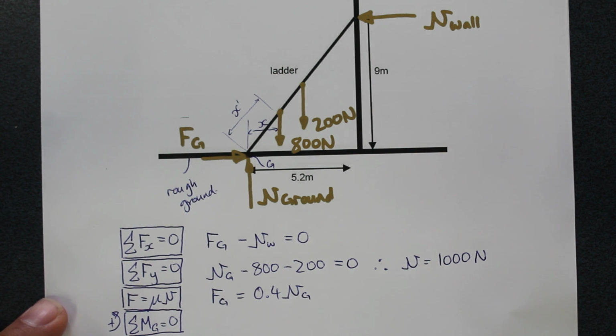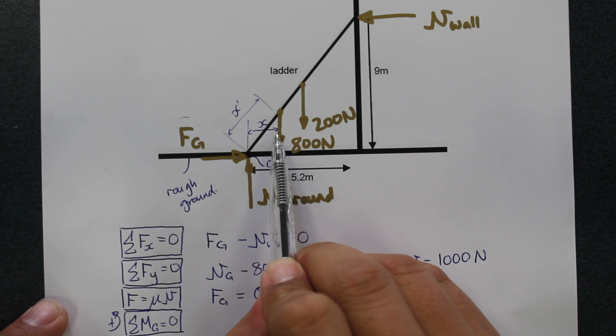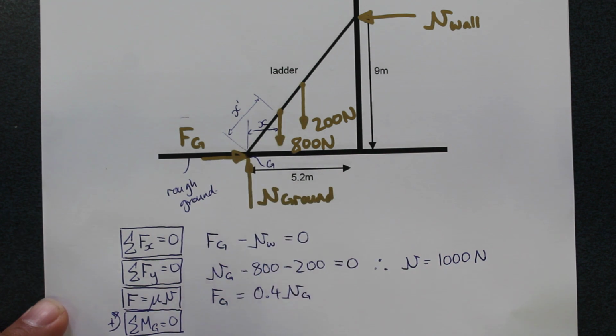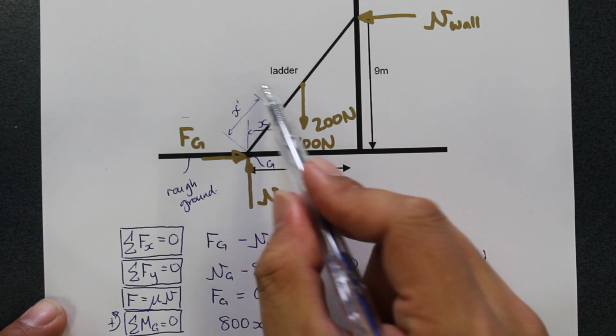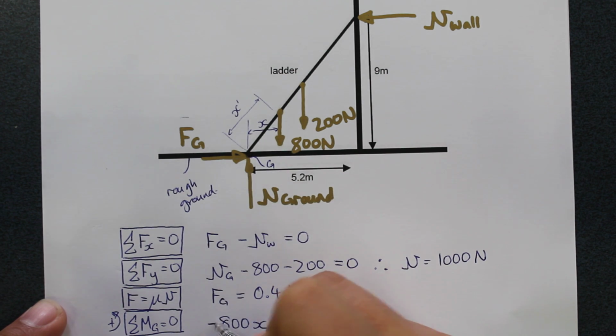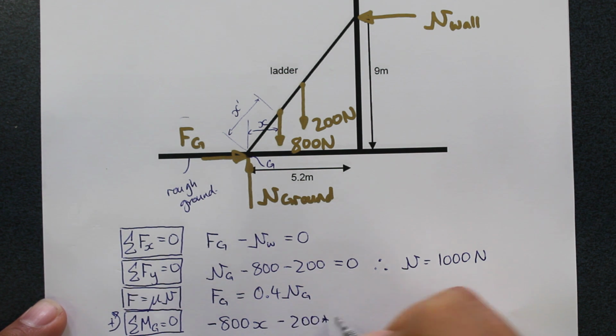From here we get minus 800 times x, trying to rotate the system clockwise, minus 200, the force, times a distance.